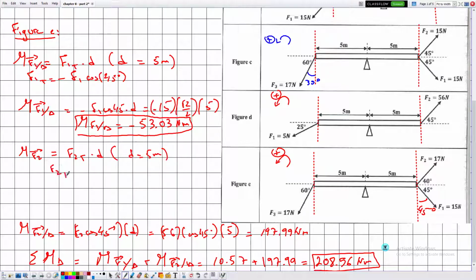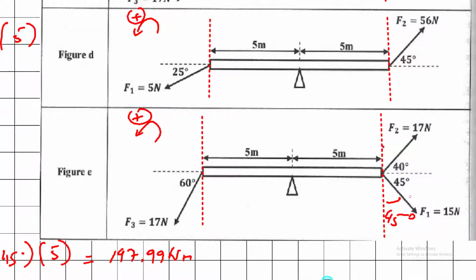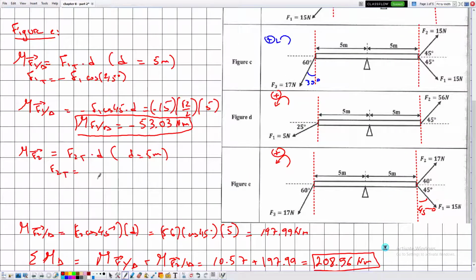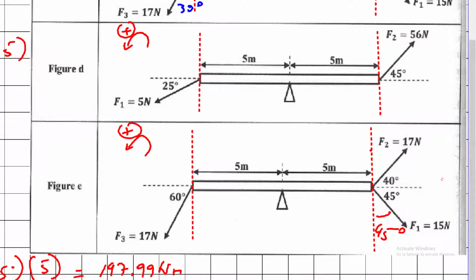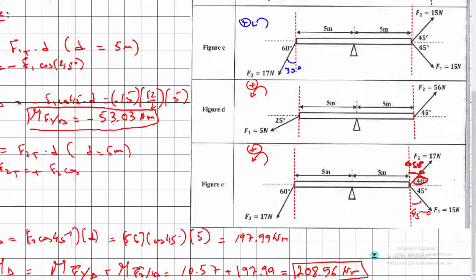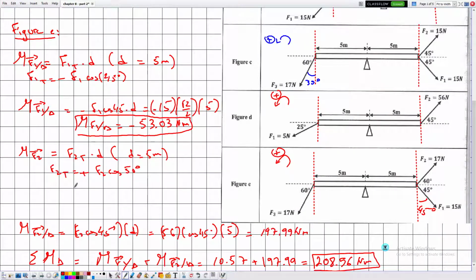So F2 tangential: notice that in this case this force will rotate in the positive direction like this. So it's plus F2 multiplied by the cosine between F2 and the tangential direction. If this is 40, then this is eventually 50. So cosine 50.